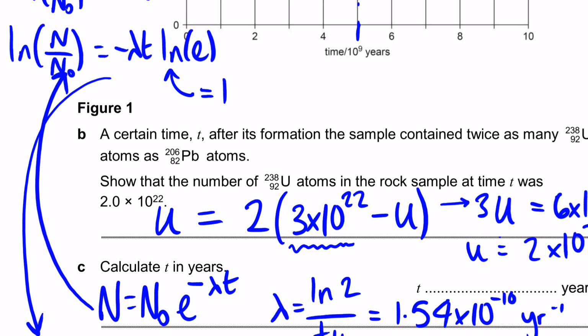T equals 1 over minus lambda, sorry, T equals minus 1 over lambda times ln N over N naught. Plug all those numbers in, and it comes out as 2.6 times 10 to the 9 years.